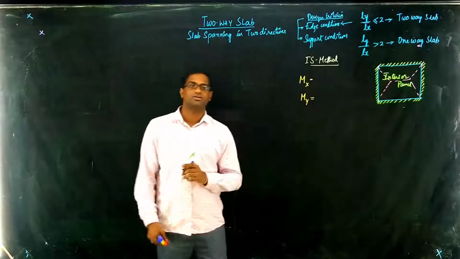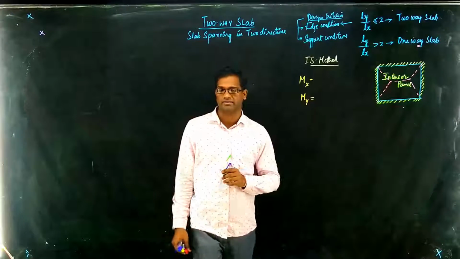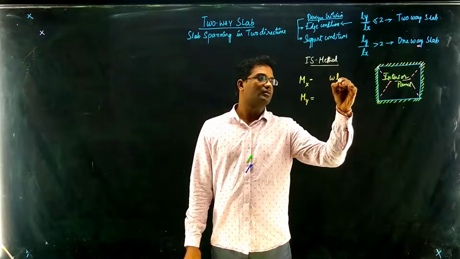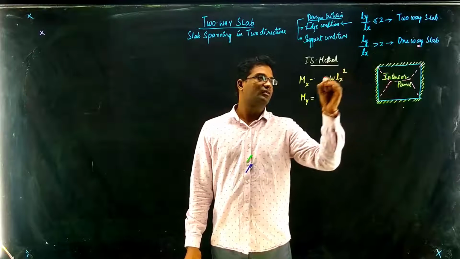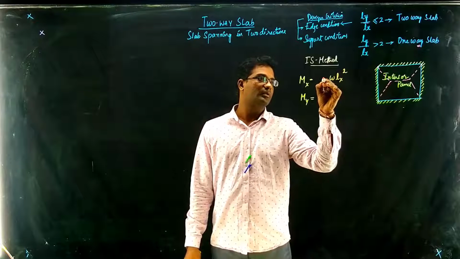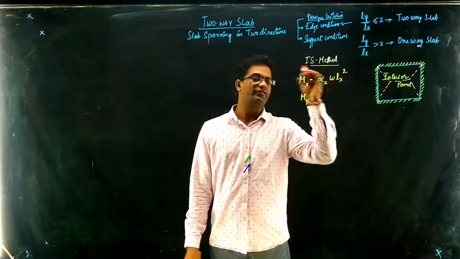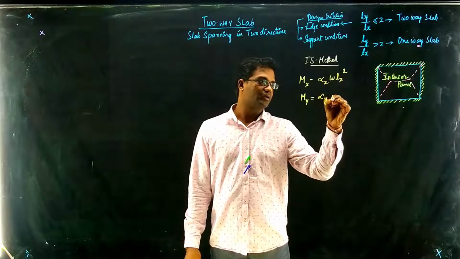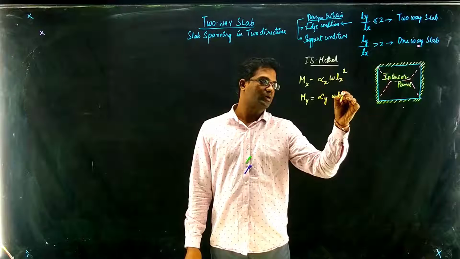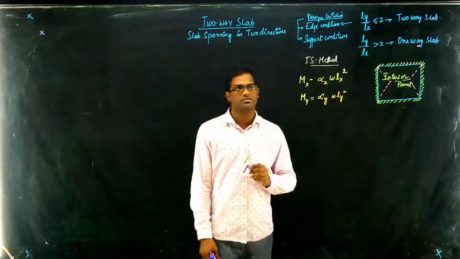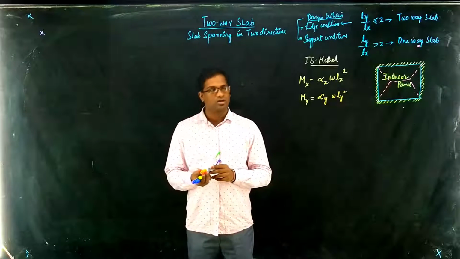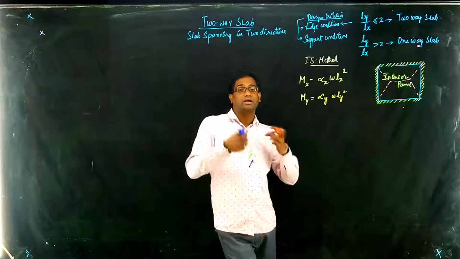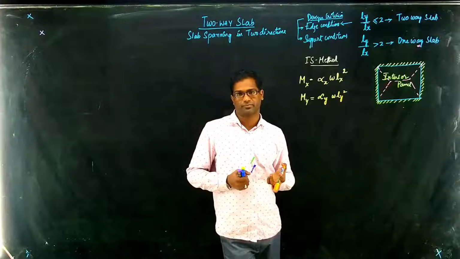This is the equation, and this value should be multiplied with the corresponding coefficient, that is alpha x and alpha y, and this is W Lx squared. This is how alpha x and alpha y shall be calculated when a continuous panel is there.